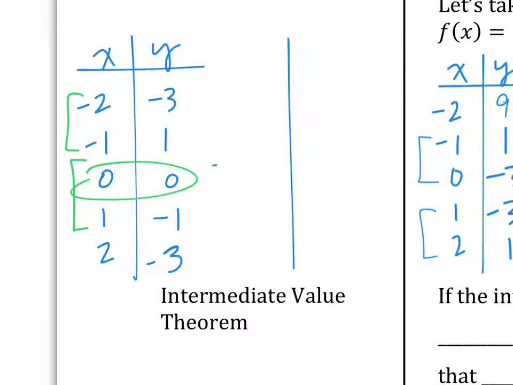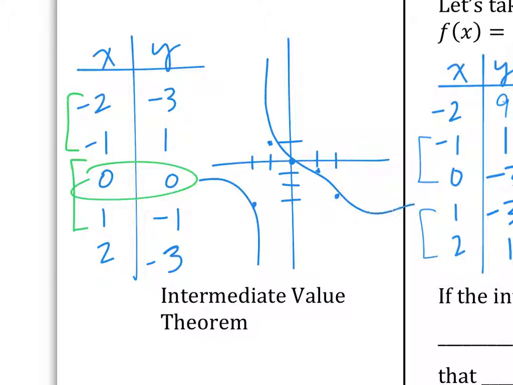Well, let's graph it and look at it. So -2, -3, -1, 1, 0, 0, 1, -1, and 2, -3. So you're saying that it has to cross the x-axis this way, but what if it's like this?